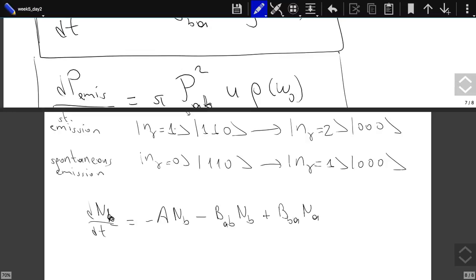The probability of absorption, stimulated absorption, if we call that B, then the rate of change of the number of B atoms per unit time will be the number of A atoms times this probability. That will be the number of atoms that are excited. That will increase the number of atoms in my excited state. This will be true in general.